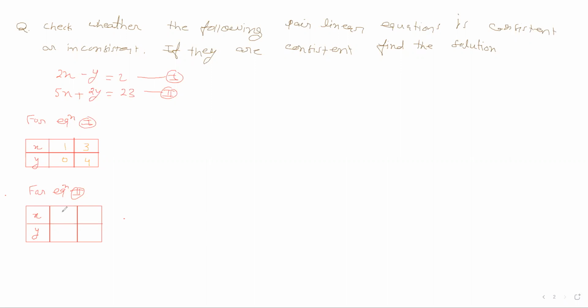When you put x equals 3 in equation number 2, what you will get? y equals 4. When you put x equals 5, y equals minus 1. Now draw the graph of these two. What we have?